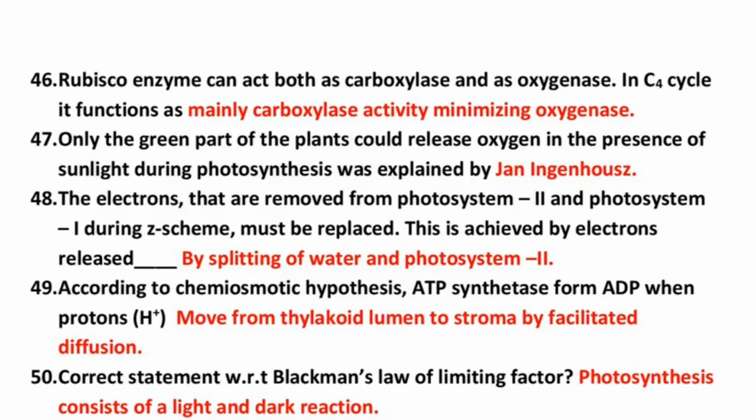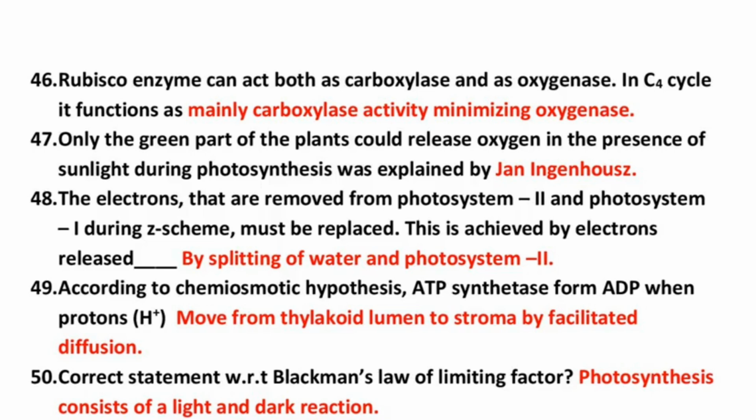Question number 47. Only the green part of the plants could release oxygen in the presence of sunlight during photosynthesis was explained by Jan Ingenhousz. 48. The electrons that are removed from photosystem 2 and photosystem 1 during the Z scheme must be replaced.